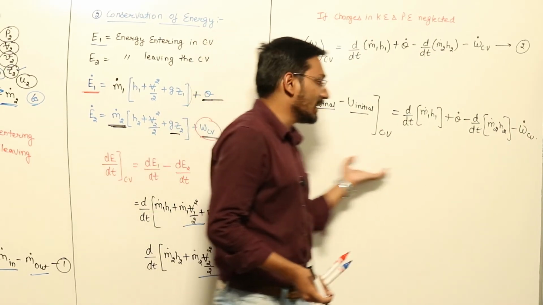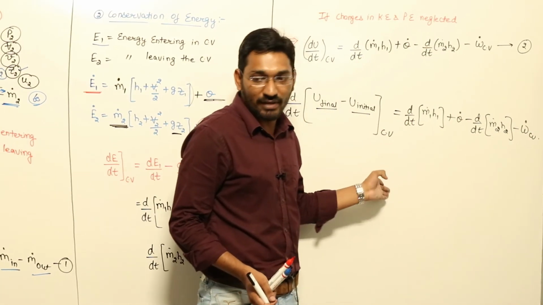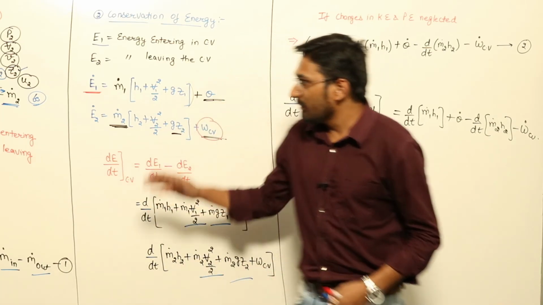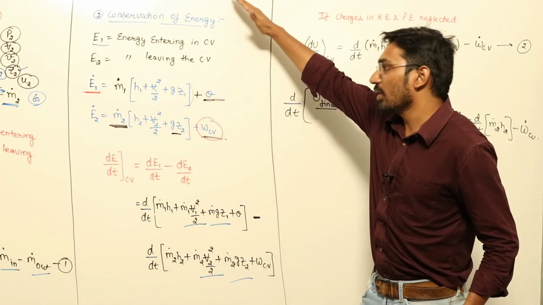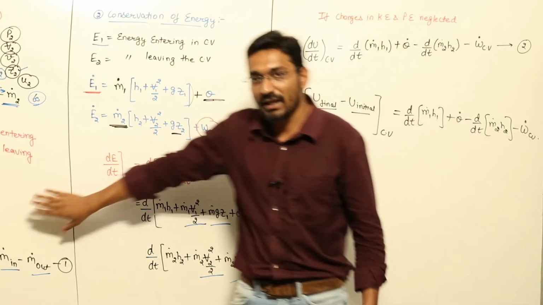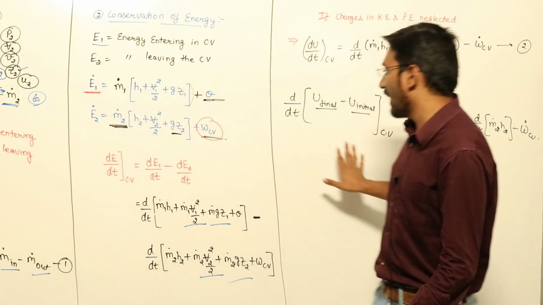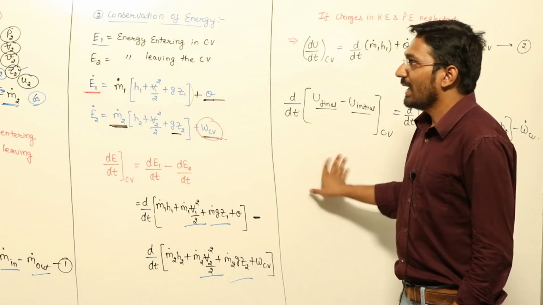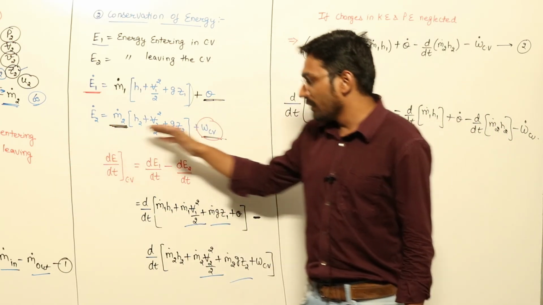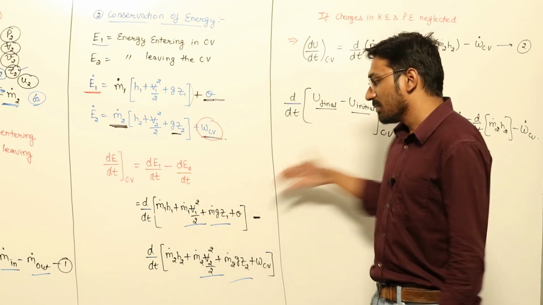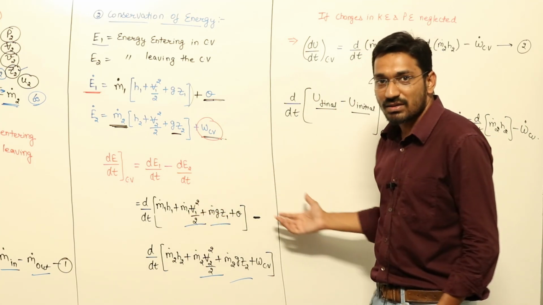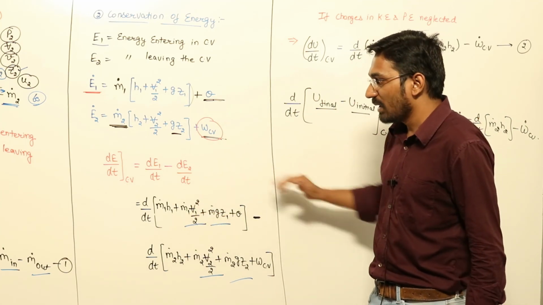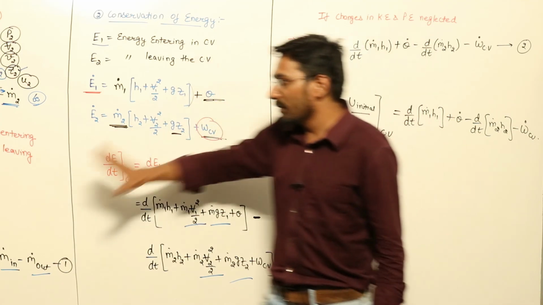This is the second equation, that is conservation of energy. So in a question we will go like this only. First we'll apply conservation of mass, then we'll apply conservation of energy. In textbooks you will see some more simplified forms of this unsteady flow equation, but we are only going with this concept.